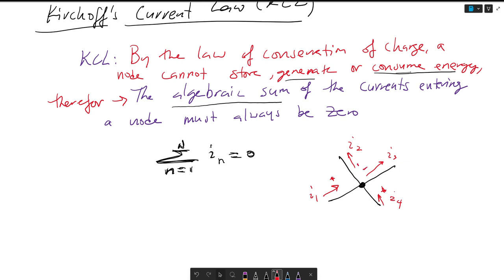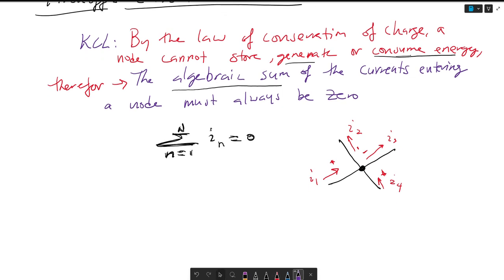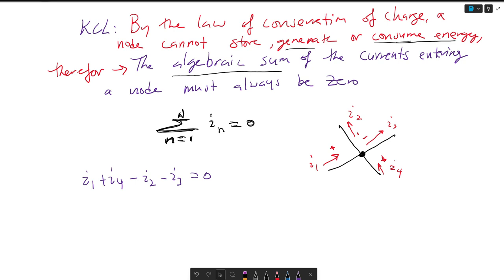If I1 and I4 are entering, and I2 and I3 are leaving, then I1 plus I4 minus I2 minus I3 is equal to 0. You can also switch it and say that I2 and I3 are entering and I4 and I1 are leaving.